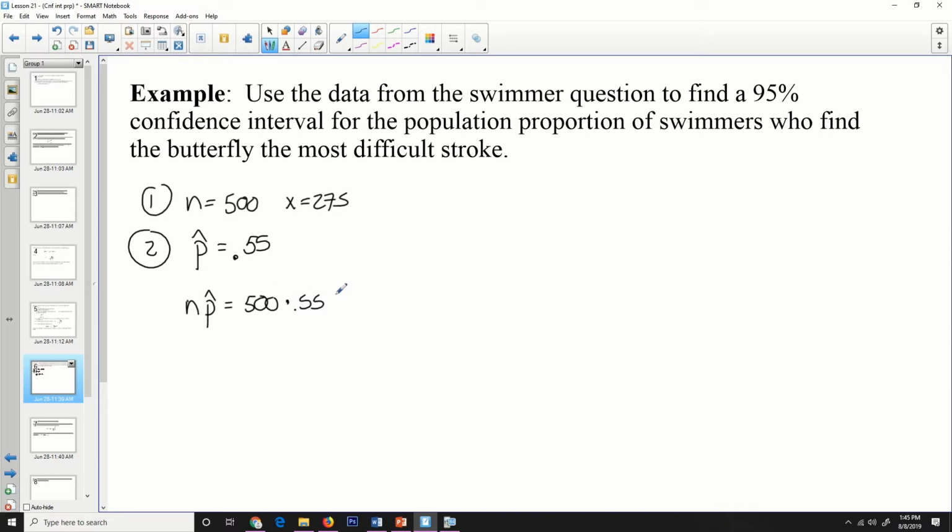Half of 500 is 250, and that is clearly going to be bigger than the 5 that I need.